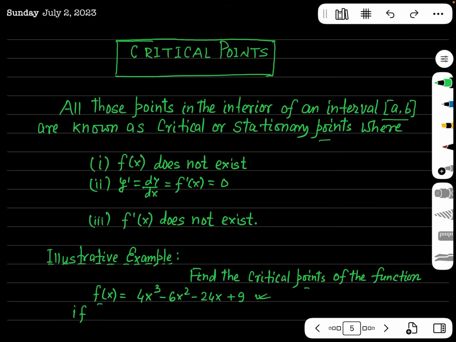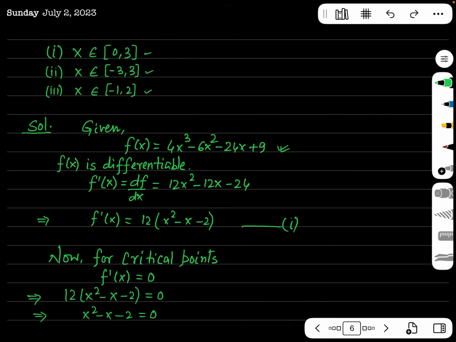You have to find first of all the derivative of that function, and for locating the critical points, you should equate this derivative f dash of x equal to 0, since the function is differentiable. So I am just finding the derivative of this function.